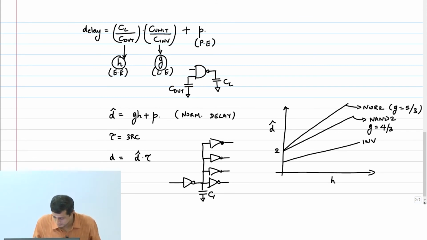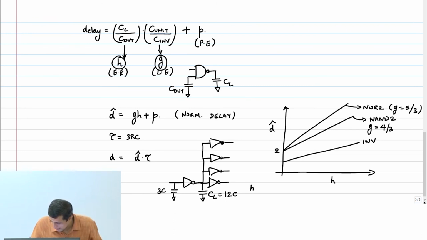CL. No, only load capacitance, not parasitic capacitance. Yeah, 4 times. So let us assume that this guy is presenting a capacitance of 3C. So what is CL equal to then? 12C, right? Because all are identical inverters.